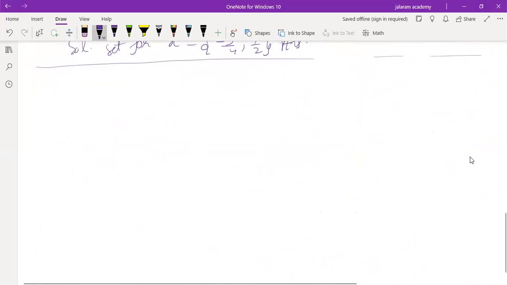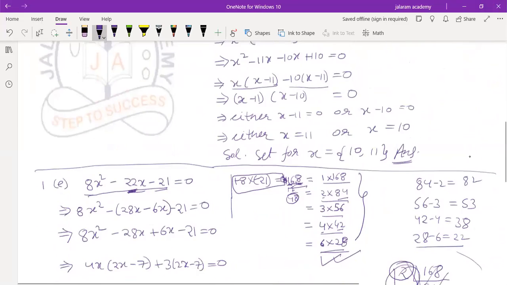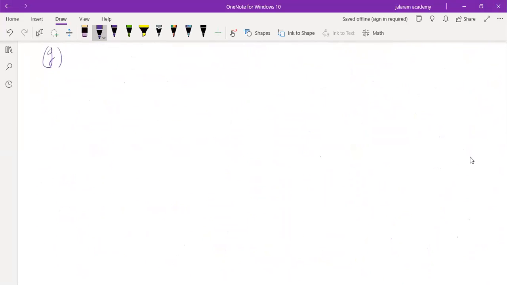Now question number G. Look at this. Question number G is x into x plus 1 equals to 210. So how to solve this? It implies, what should be the next line?